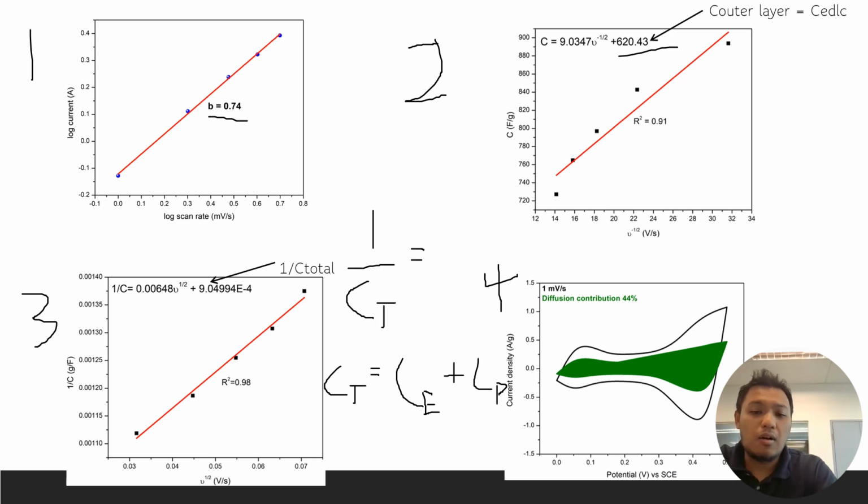From that, using the correlation that I show here, you can get the pseudocapacitance. Then after that, you can choose either one. This one I choose for diffusion contribution, which means I use the contribution of C pseudocapacitance. If you want to show the capacitive contribution, you can also show it from the graph.